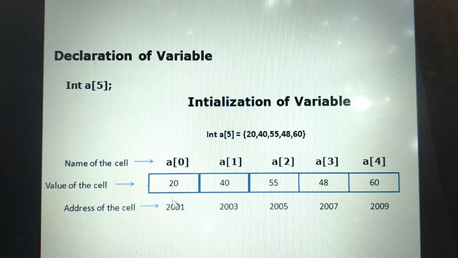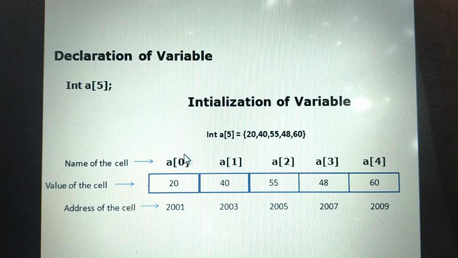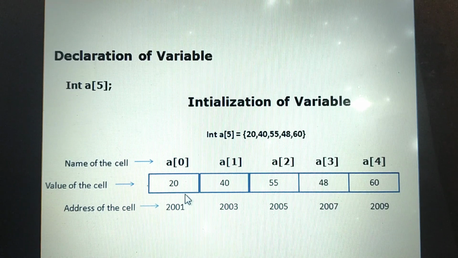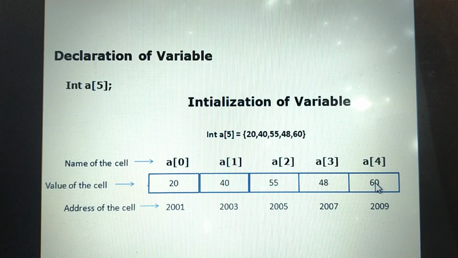Refer to the figure here. What is the name of this cell? This cell is known by a[0]. This is the first element. What is the first element number? 0. In an array, the first element number starts with 0. Next is 1, 2, 3, 4. The last element number is 4.